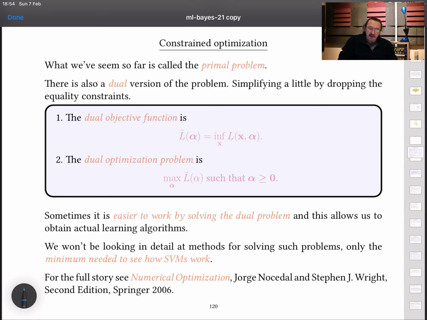If you want to, then there's a good book, Numerical Optimization, that I've noted at the end of this slide. Okay. I still need to talk about the conditions for the solution for the optimization problem, because once again I emphasize they tell us useful things about what the support vector machine solution actually ends up looking like.